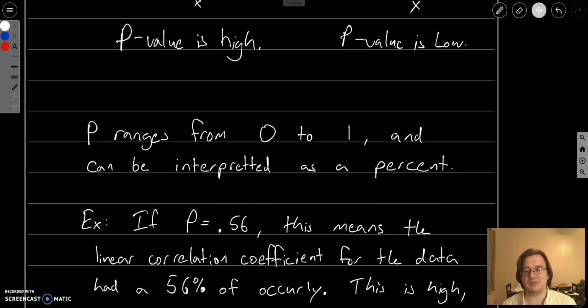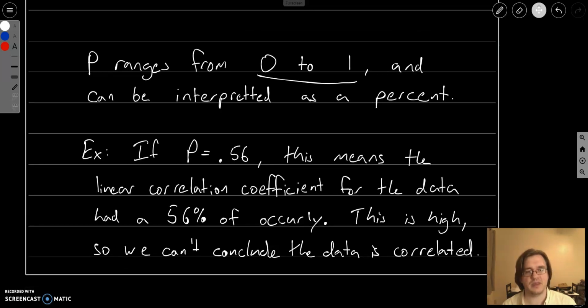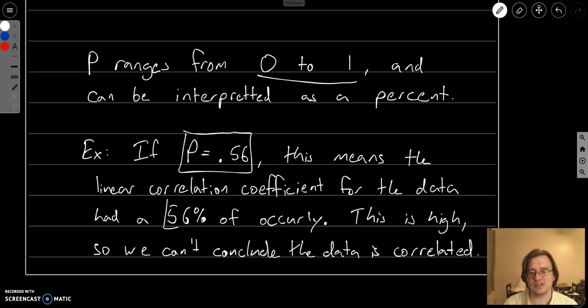Again, P is going to range from 0 to 1, and essentially we can interpret it as a percent or a probability. For example, if we were looking at some correlation and we calculated P to be 0.65, this means that our linear correlation coefficient, R, for that data had a 65% chance of occurring, and that seems pretty high.